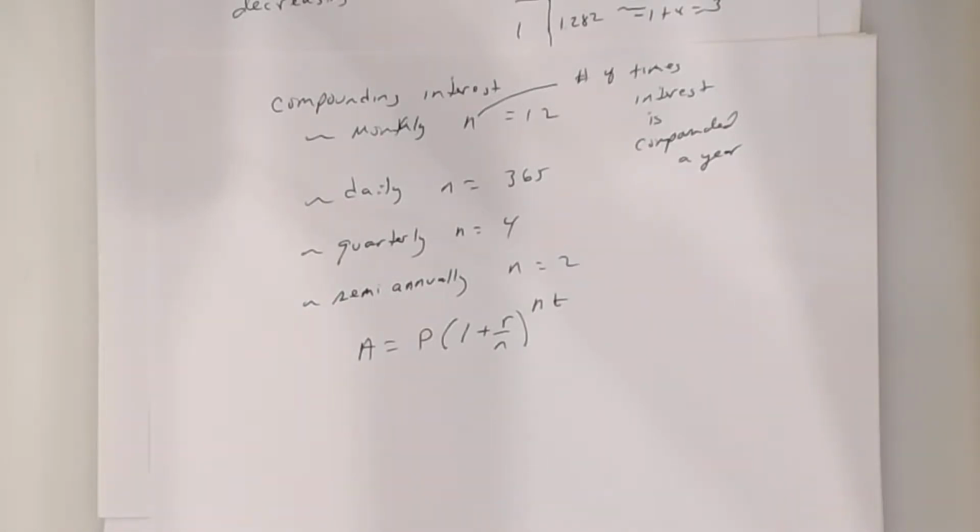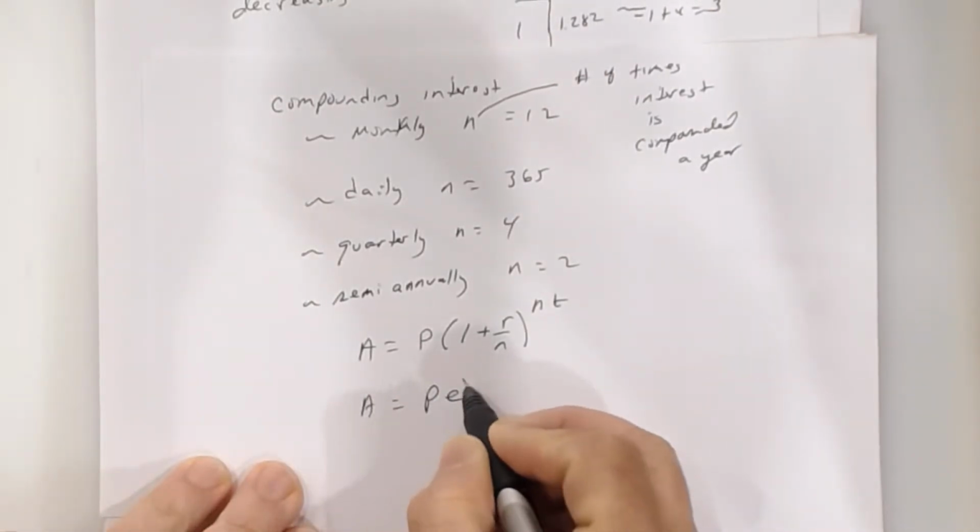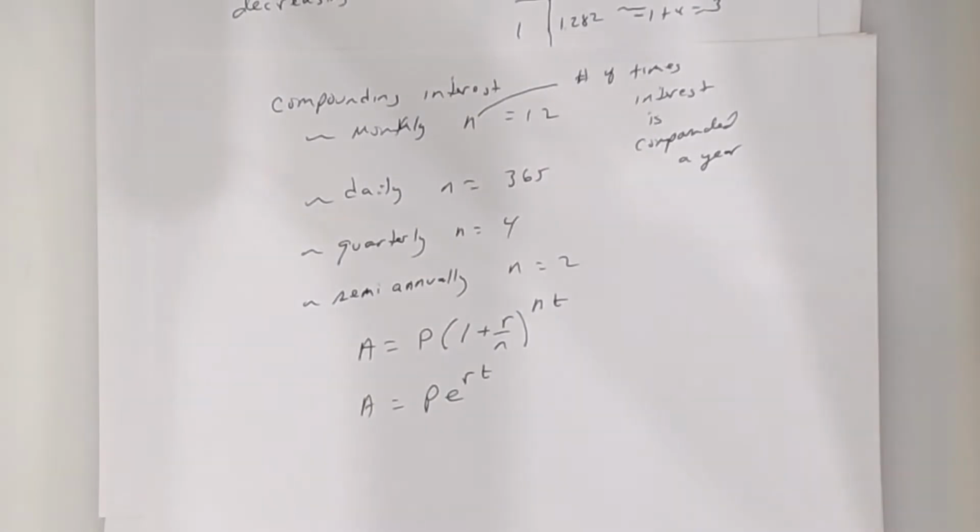The other formula is this one. So those are the 2 formulas you will use for compound interest.